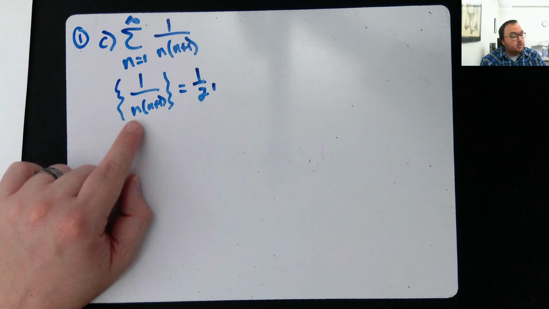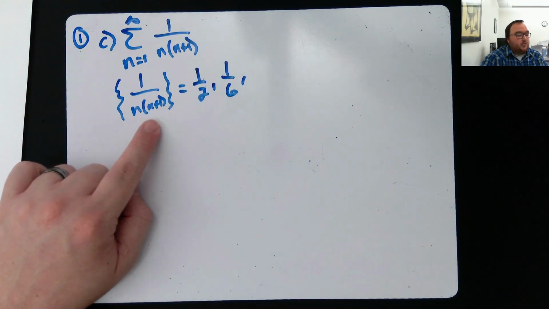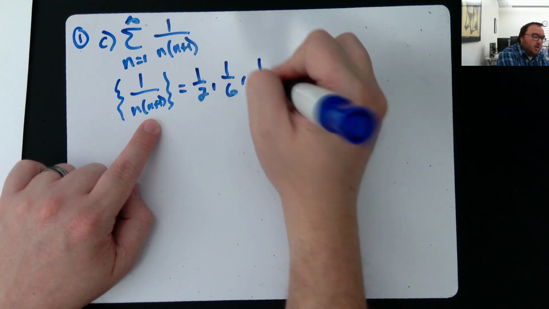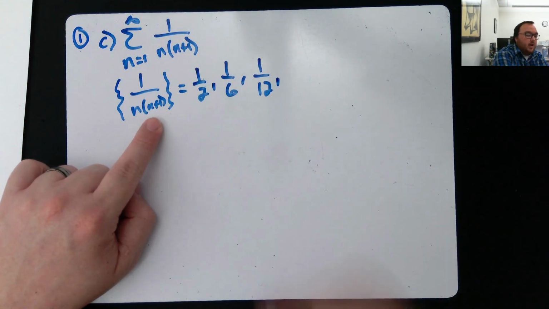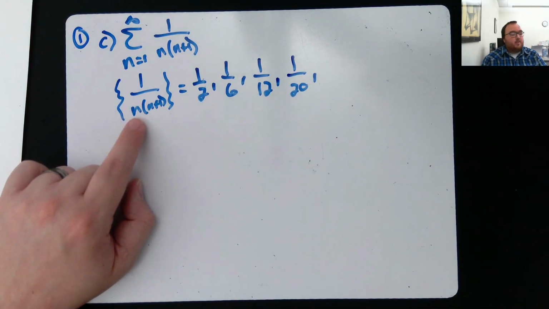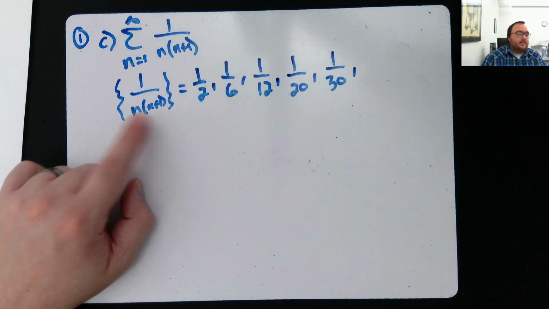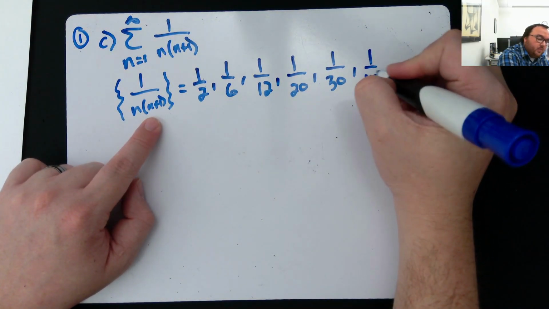Plug in a 2, 2 times 3 is 6, so that's 1/6. Plug in a 3, 3 times 4 is 12, so that's 1/12. Plug in a 4, 4 times 5 is 20, so 1 over 20. Plug in a 5, 5 times 6 is 30. Plug in a 6, 6 times 7 is 42.